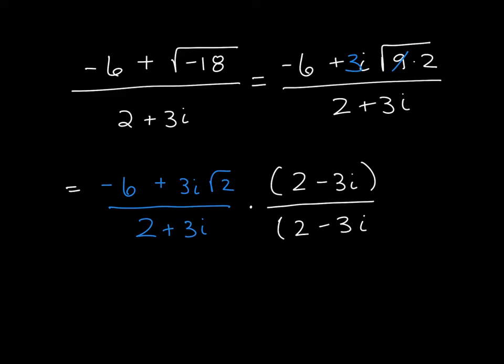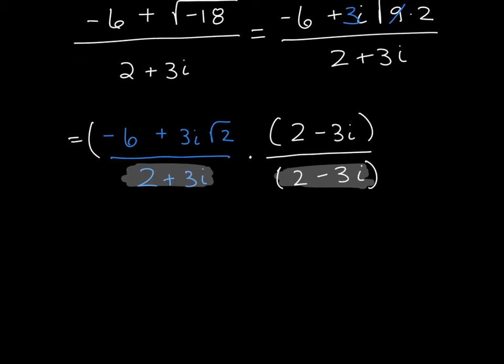When I say the word conjugate, what I mean is that what I have in the denominator, I multiply by the exact same thing. The only difference is, notice that the sign goes from 2 plus 3i to 2 minus 3i. Now, yes, you do have to FOIL both of those out. So foiling this out in the numerator gives us negative 6 times 2, which is negative 12.